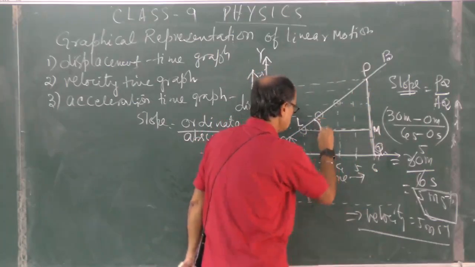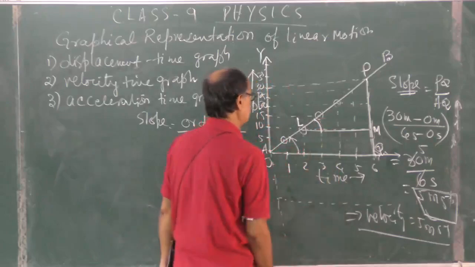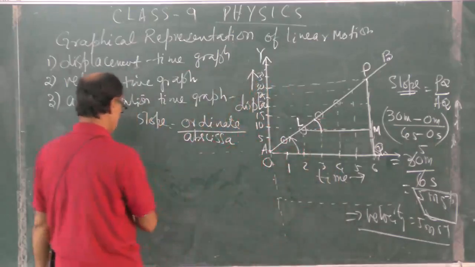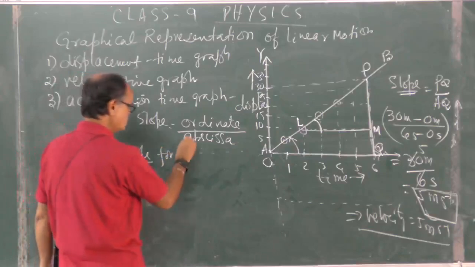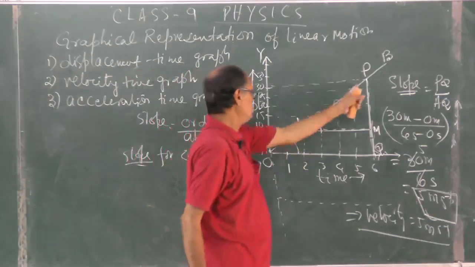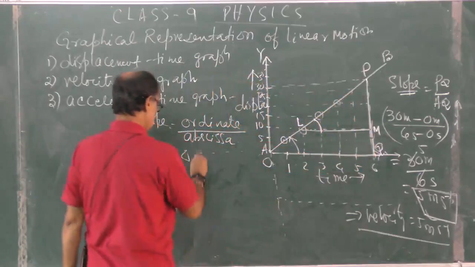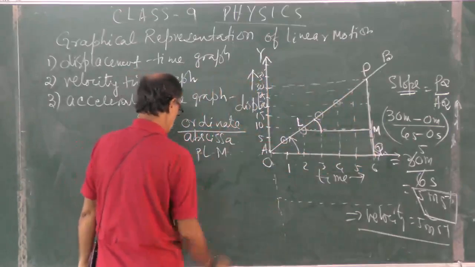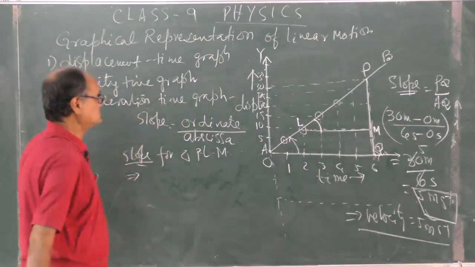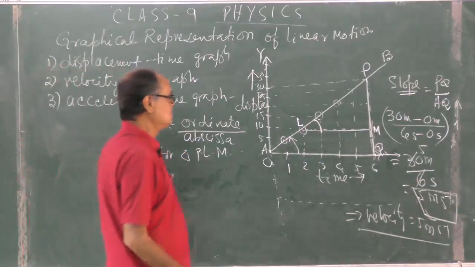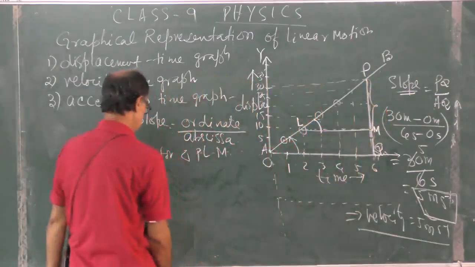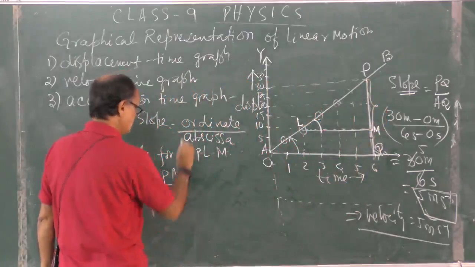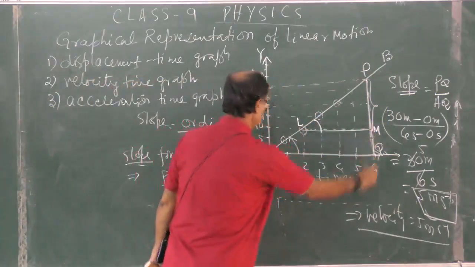If we find the slope for triangle PLM, this slope will again be ordinate by abscissa. This part is the ordinate, that is PM, divided by the abscissa, which is LM.